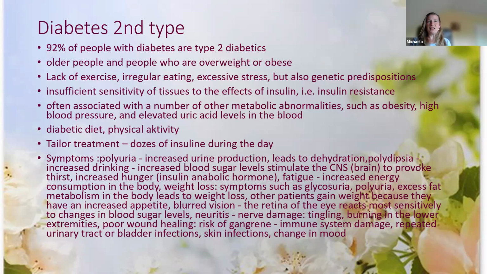For diabetes of the second type, there are many types of medicaments. There's a diabetic diet, which is really strict, and physical activity if possible, because sometimes these people have problems moving already because they are too obese, or they have wounds which can't heal, or they have other problems.